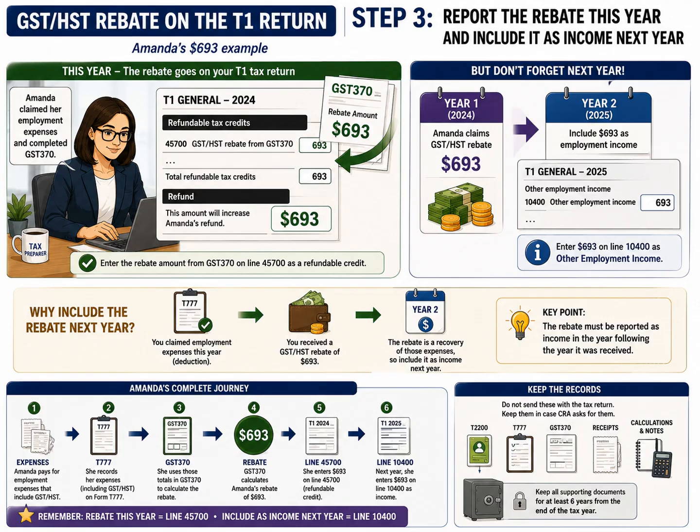In the following tax year, Amanda must report that same $693 as employment income. It is entered on line 10,400, other employment income. Why does this happen? Because the GST/HST rebate is considered a recovery of employment expenses that were deducted in the previous year.